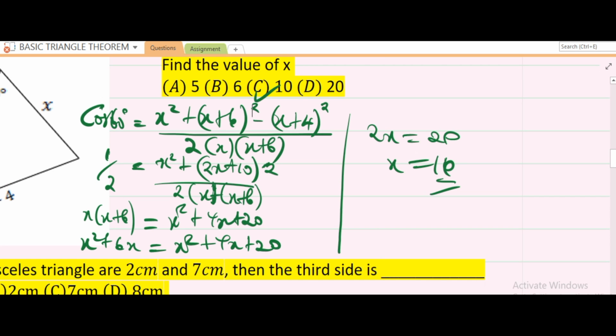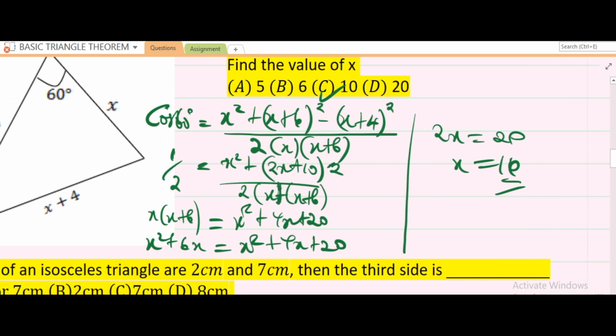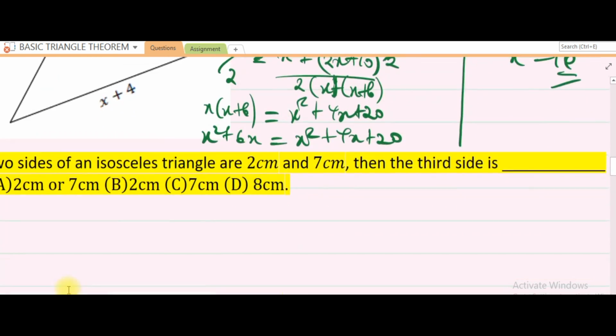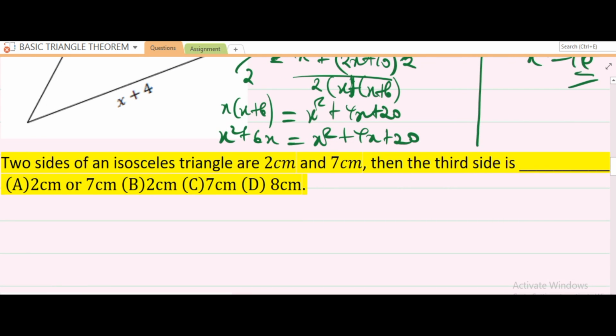So the next question. Two sides of an isosceles triangle are 2 cm and 7 cm. Then the third side is dash. So once we are given 3 sides in a triangle, the only way we can solve is using the triangle inequality theorem. And they told us that it is an isosceles triangle, so two sides are congruent or equal.